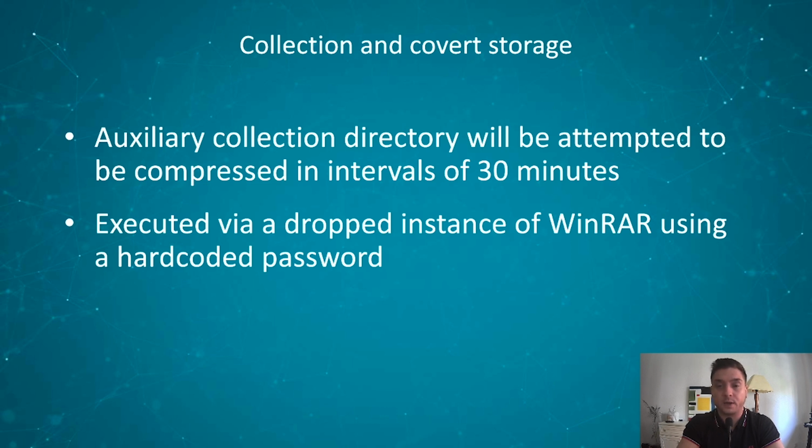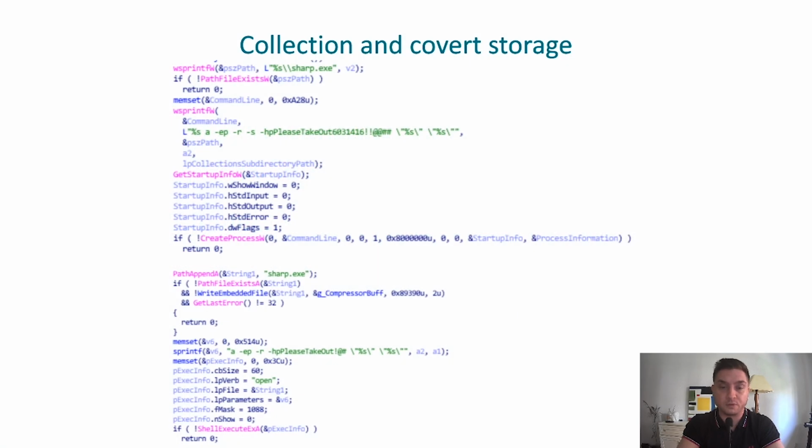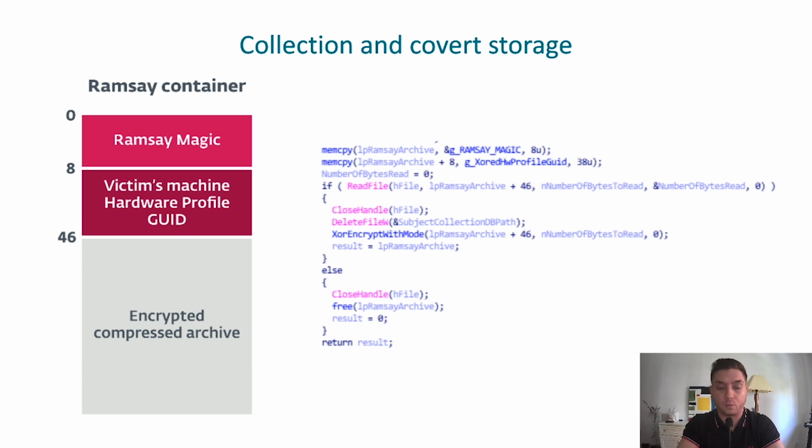This will be done with an instance of WinRAR that Ramsay contains, but also a hard-coded password will be leveraged for compression. These are some of the passwords that we were able to find, and as you can see, they follow a common pattern. Once the preliminary collection directory gets compressed, Ramsay will save an instance of it in memory. When this instance is saved in memory, the disk image will be removed.